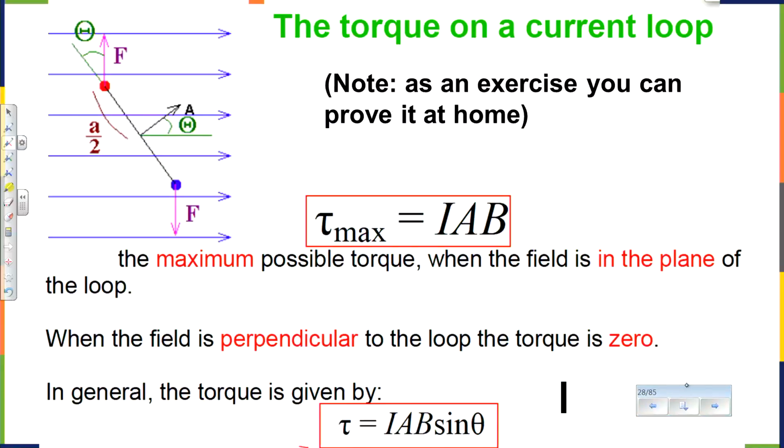Of course, we're going to use an angle between the magnetic field and the area vector. And when this angle is 90 degrees, sine of 90 is 1, the torque reaches maximum value. When this angle is 0 or 180, the torque is 0. So magnetic field, area vector, maximum torque. Magnetic field, area vector, 0.